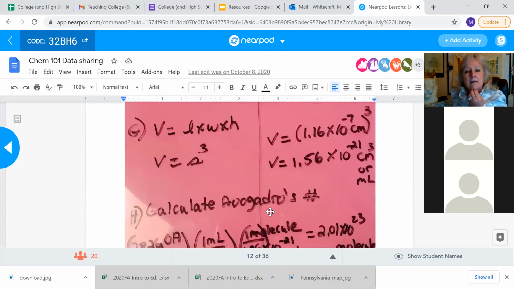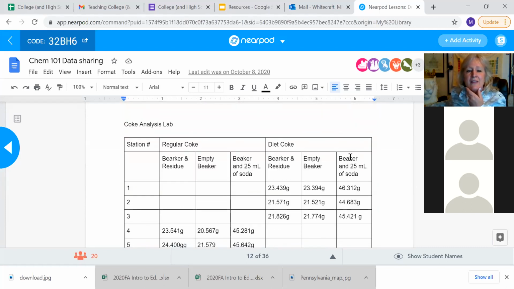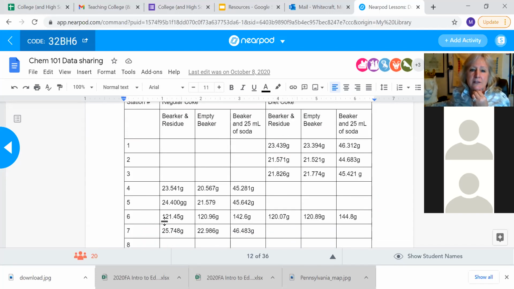I modeled how to do the calculations, and then they shared all of their data. This would be for the in-person lab, but you could also do it for the at-home lab. If you create a Google Doc, I made every station share their data.